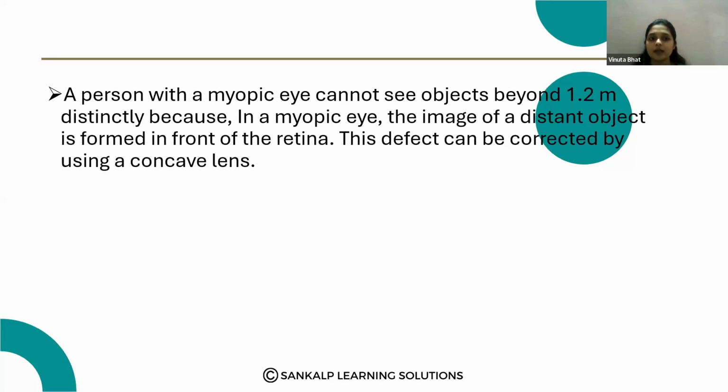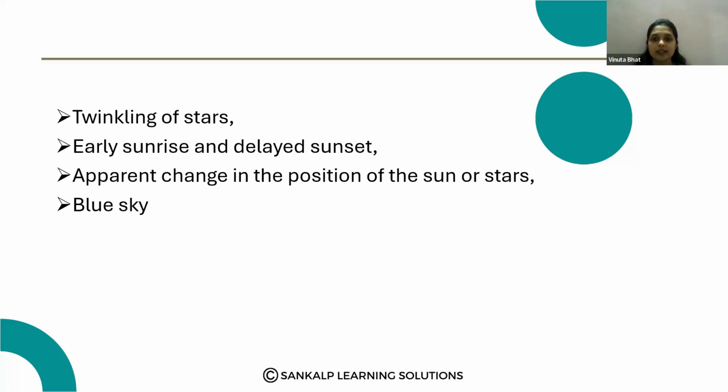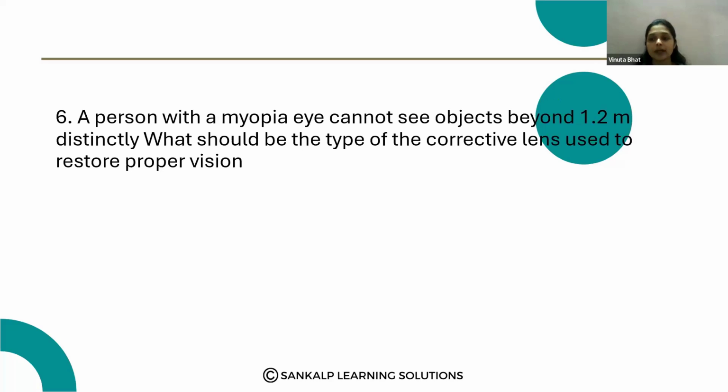In a myopic eye the image of a distant object is formed in front of the retina. This defect can be corrected by using a concave lens. Concave lenses are used for the correction.